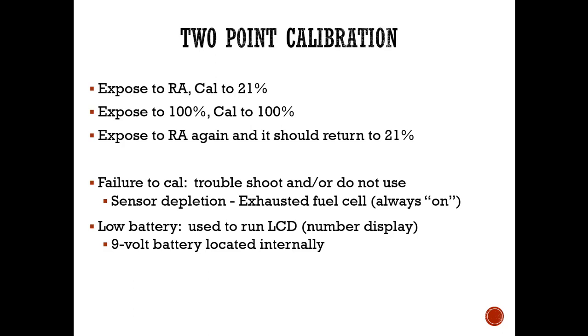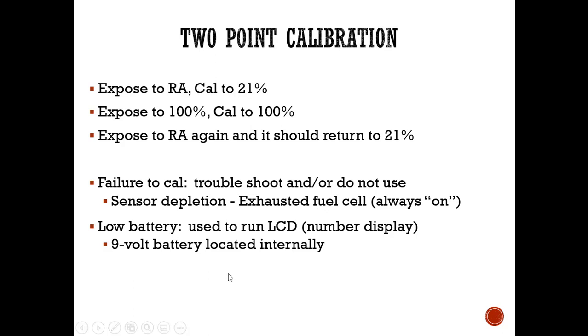If you have a failure to calibrate or something goes wrong, there are different ways that you can troubleshoot this. A lot of the time, it is sensor depletion, because the galvanic fuel cell is always creating this chain reaction where it's measuring the oxygen, so it gets depleted and stops working, which is what happened to ours.